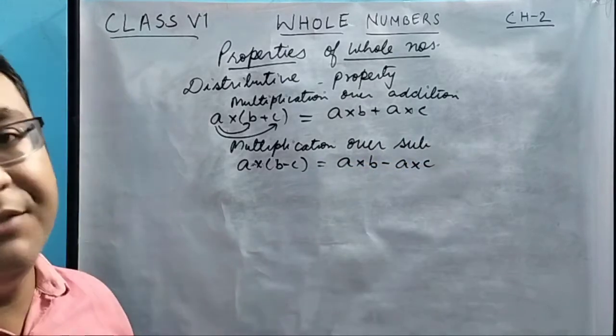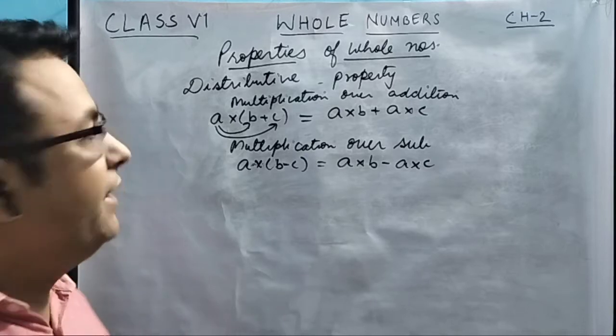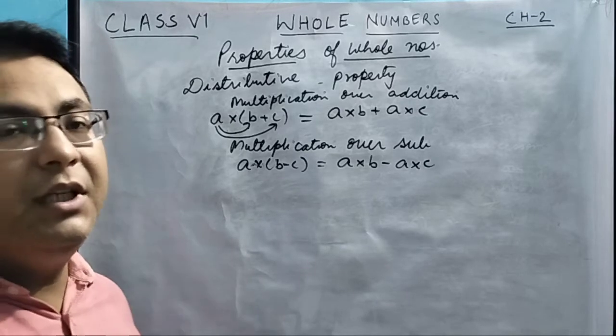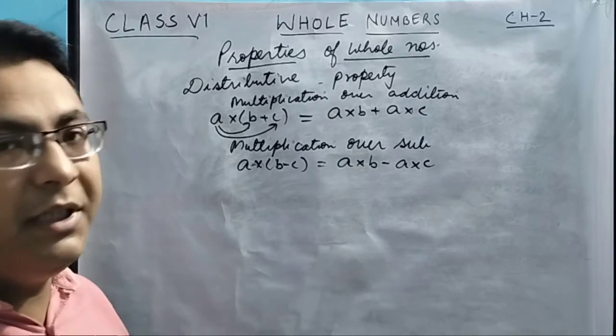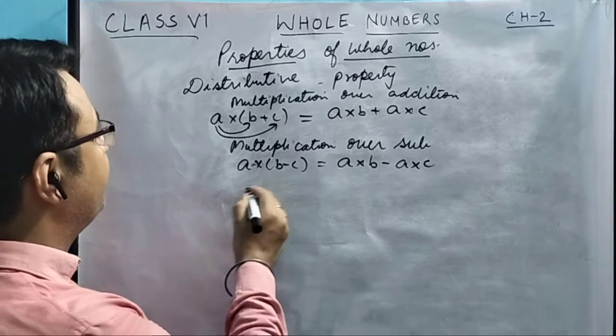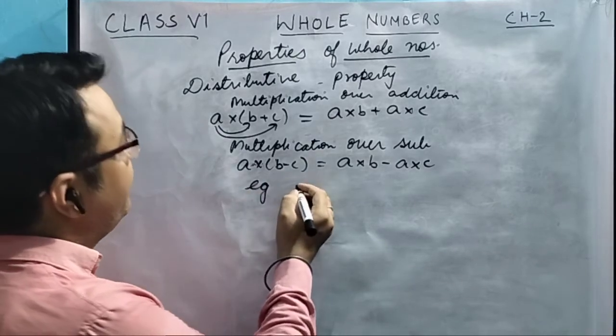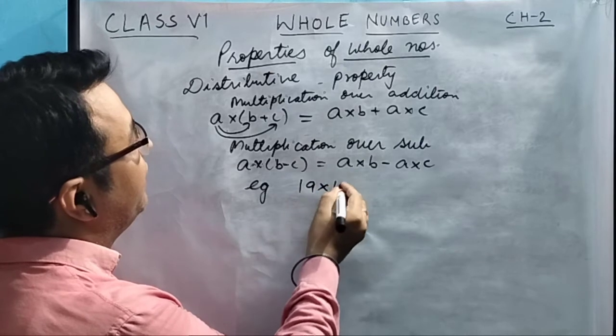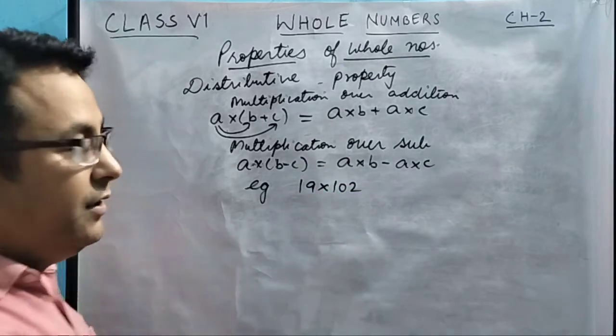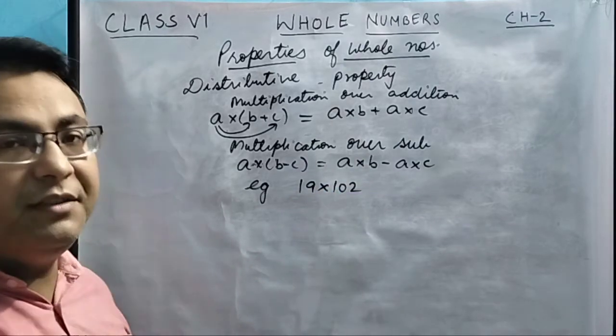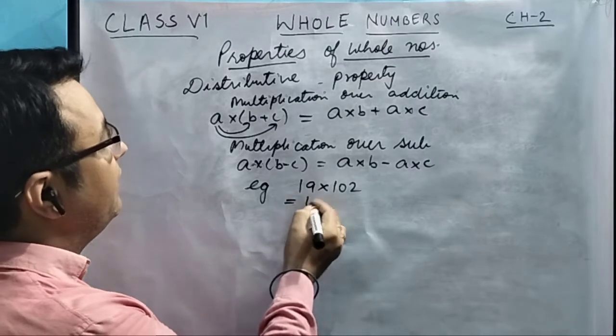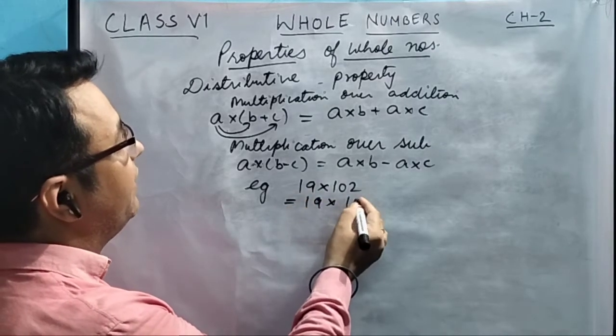Now you must be thinking, what is the use of this property? So this property helps us to do long multiplications. For example, if it is asked to multiply 19 into 102, we can multiply this using the distributive property. We can write 102 as 100 plus 2.